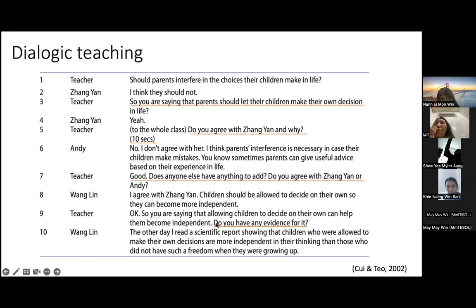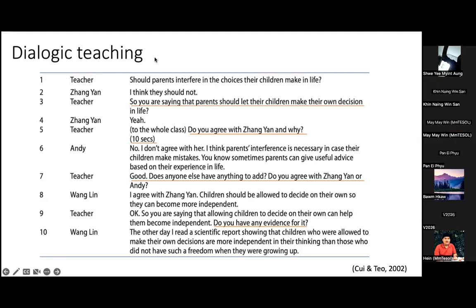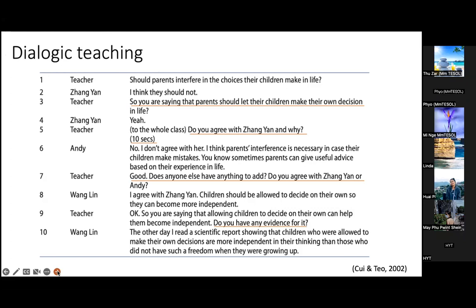And the last point here, the teacher asks, do you have any evidence for that? So the teacher is preparing students to think critically and improve reasoning skills. So this is how dialogic teaching works. We can use dialogic teaching as a good scaffolding strategy to improve students' critical thinking skills and higher order thinking skills, in other words.